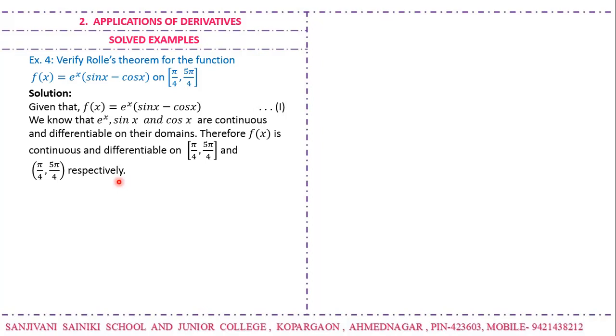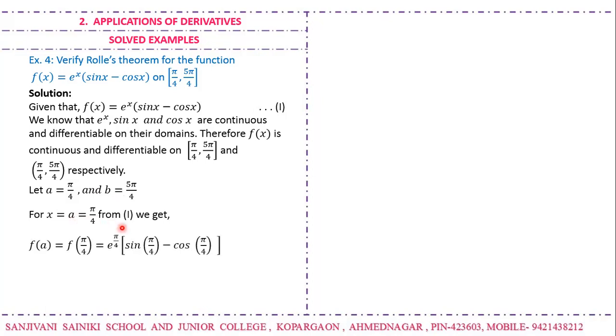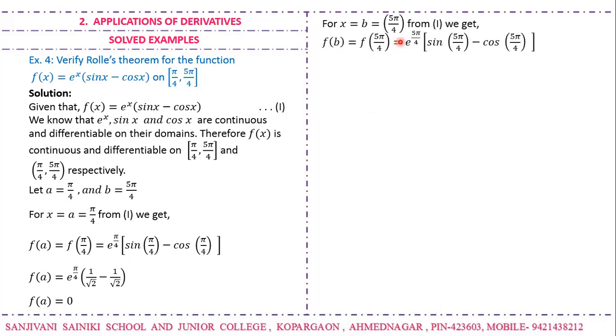Now a is equal to pi by 4 and b is equal to 5 pi by 4. From 1 we get f of a is equal to f of pi by 4, which is 0, and for x is equal to b, f of b is also equal to 0.